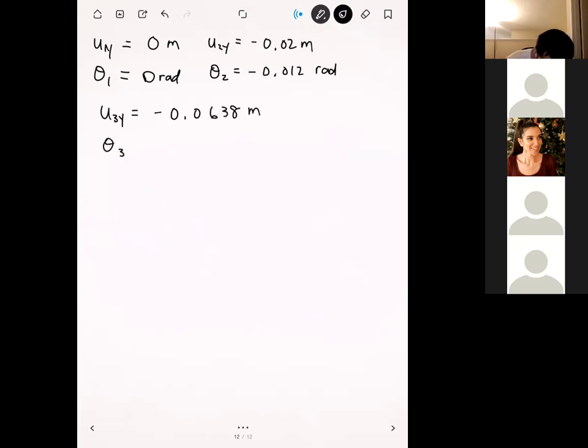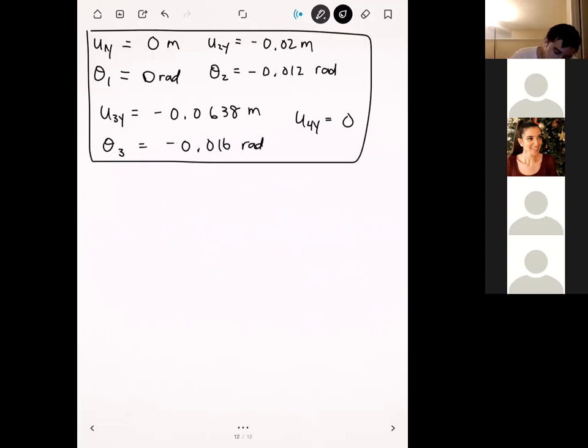And then theta 3 is going to be minus 0.016 radians. And then U4y is just going to be 0 because it's fixed into the ground.